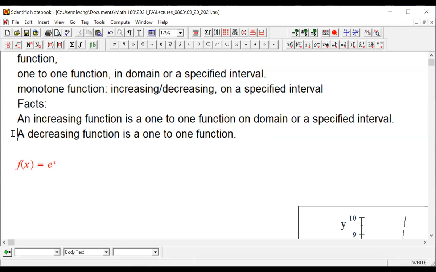If you don't refer to the specific interval, by default, people will take the domain for that function and use it. And then we're going to examine if your statement is true or false, right? Because once you apply these rules to the specific function, we have to know the specific function's domain and range or your specified interval. So it's an absolutely rigorous process and a rigorous narrative. The narrative itself has to be rigorous.